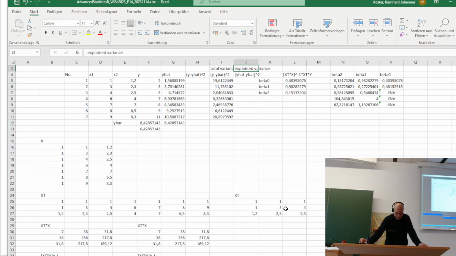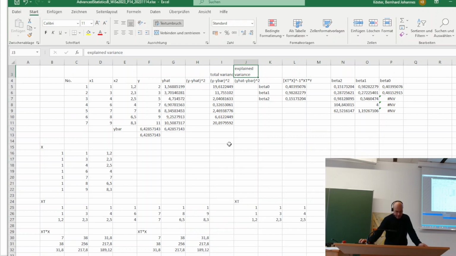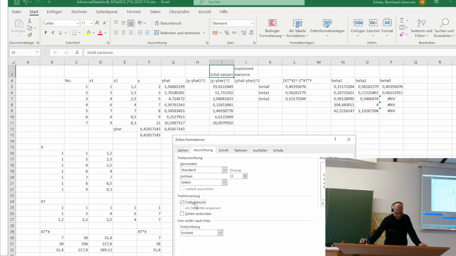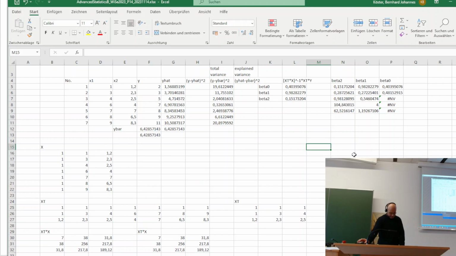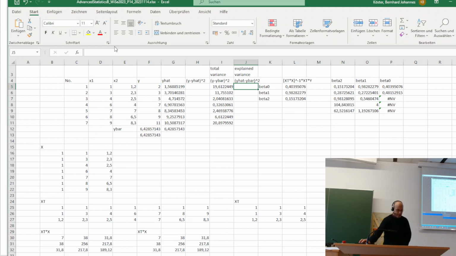Let's format this. Yeah, you still need this. Okay, and since this is almost the same formula, I just copy it to the right, and now we need not the column F, but we need the column G, because it is y hat minus y bar.